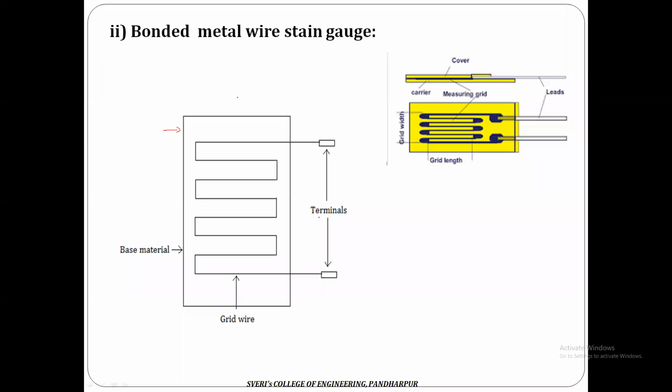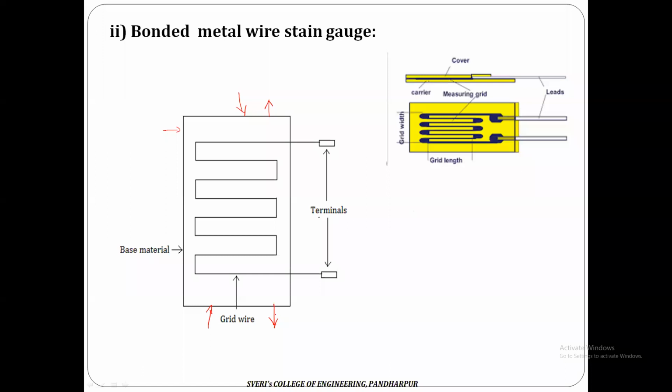And now if the force or the pressure is applied on that cardboard, this force or pressure will be experienced by this grid wire, and accordingly its dimension will be changed, and as the dimension changes, its resistance is going to change here. Either you can apply the force in this way, or you can apply the force in this way.